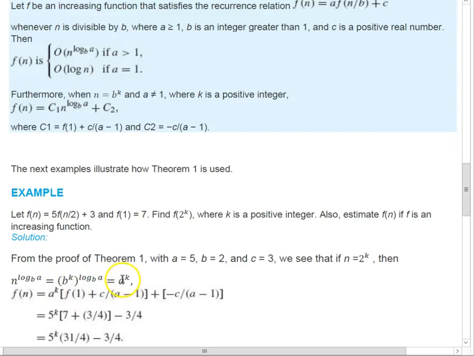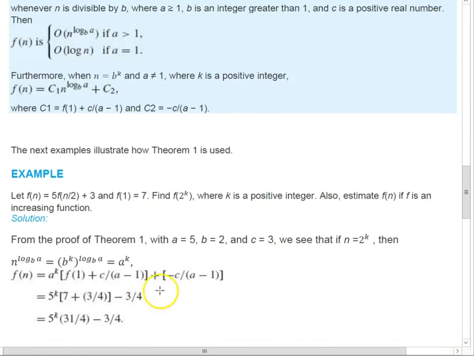That is, f(n) is equal to a to the k times (c1 plus c2). And c1 and c2 can be computed easily because f(1) is given and c and a are given. We obtain this. As a result, f(n) is 5 to the k times 31/4 minus 3/4.